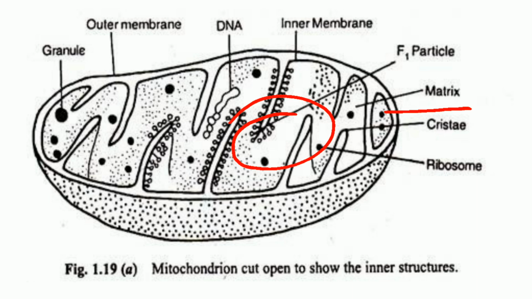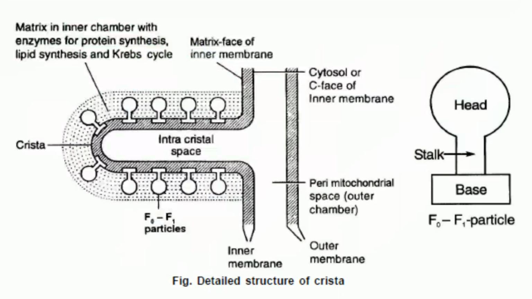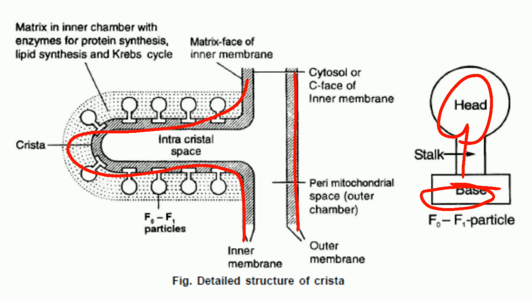Here I have shown you one crista, and on the crista are present the enzymes. This is one crista, this is the outer membrane, and this is one F1 F0 particle, which is very important during the process of oxidative phosphorylation.